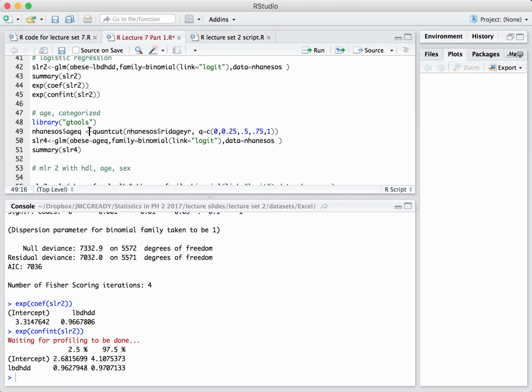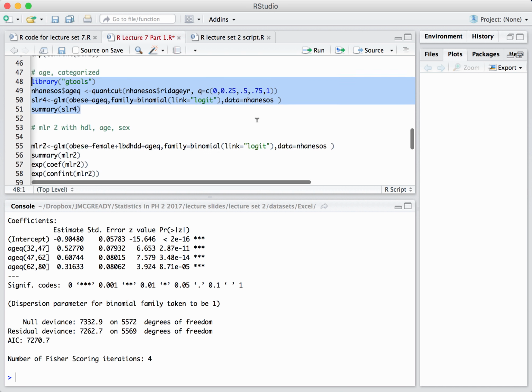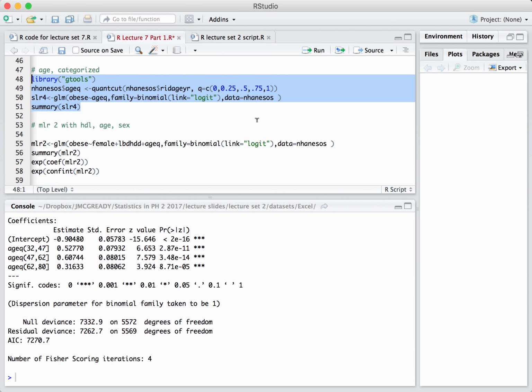We used the function called quantcut. We told it to cut age year into quartiles such that we got indicators for 0 to 25th percentile, the 25th to 50th, the 50th to 75th, and the 75th to the 100th. And then we ran a simple logistic regression of obesity on those quartiles.